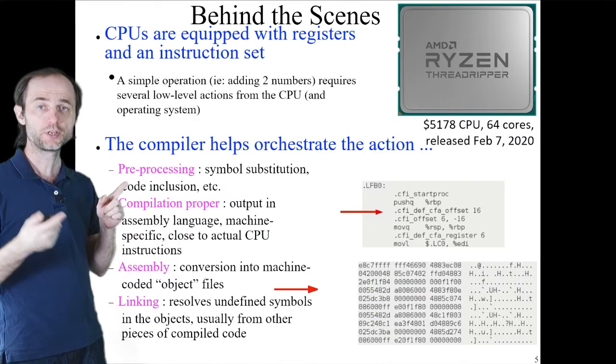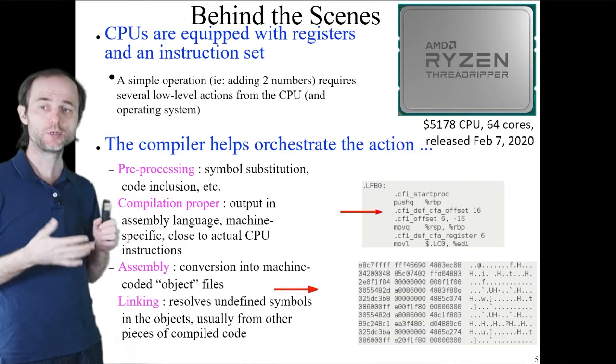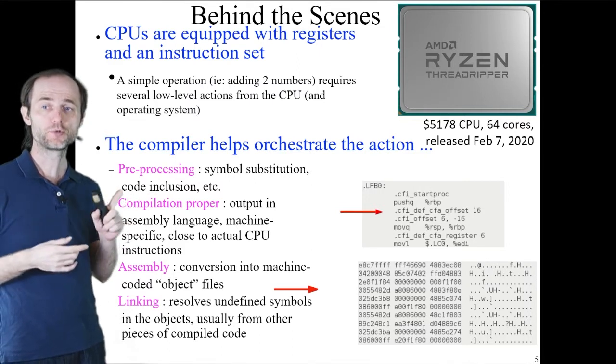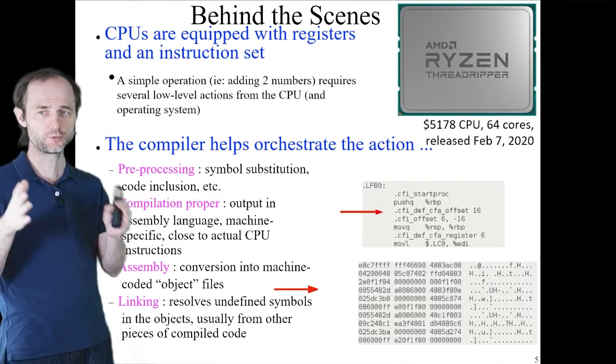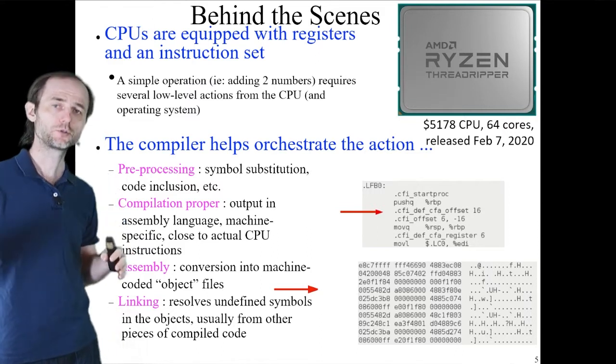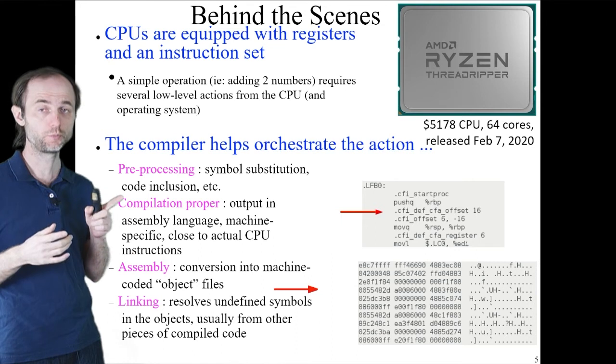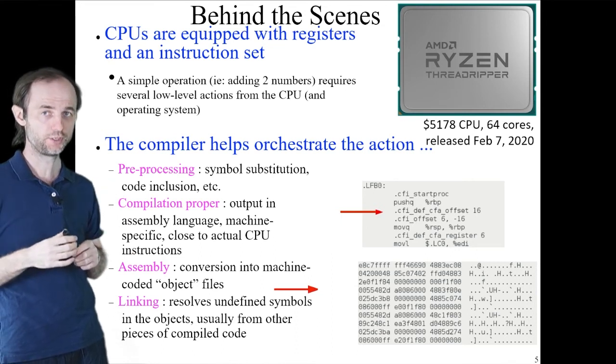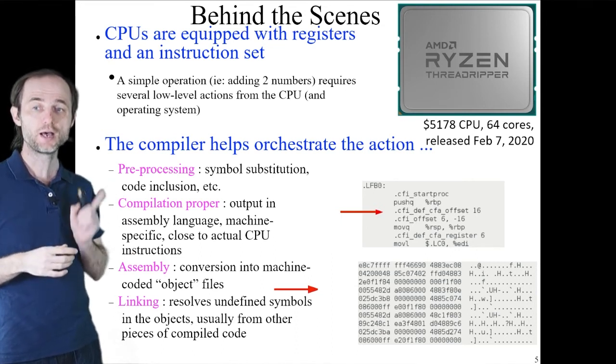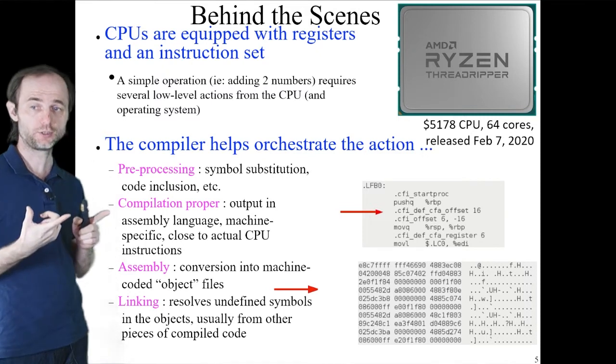First, the compiler scans through the C code and performs the preprocessing. So it substitutes some symbols and includes the code from various files according to instructions. We will be discussing some of these topics later. Then it compiles the code.